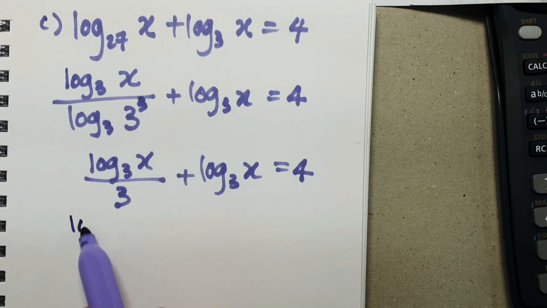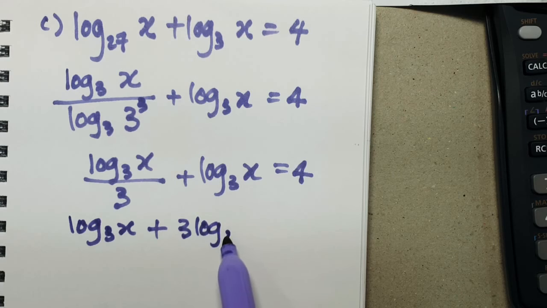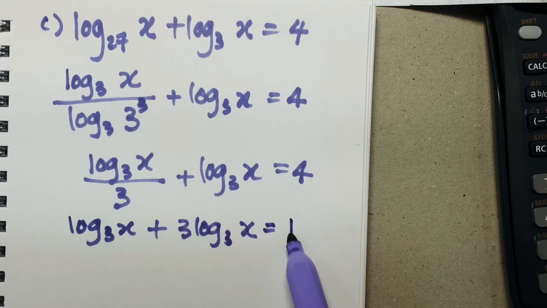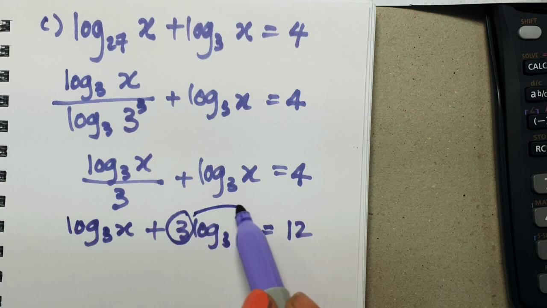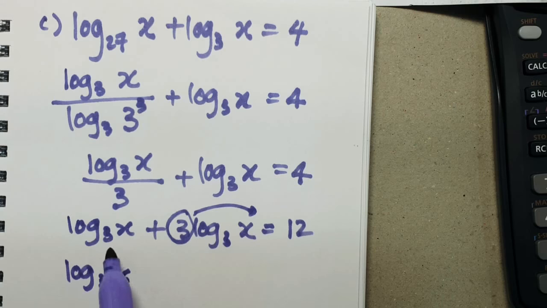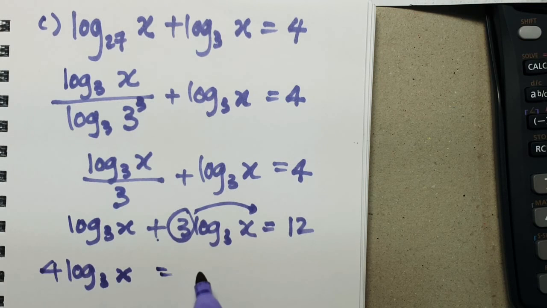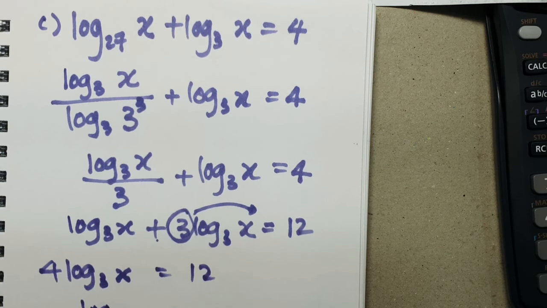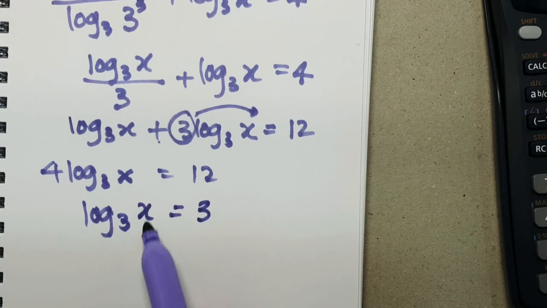So we will have log base 3 of x plus 3 log base 3 of x equals 12. Altogether we have 4 log base 3 of x equals 12. Therefore, log base 3 of x equals 3.